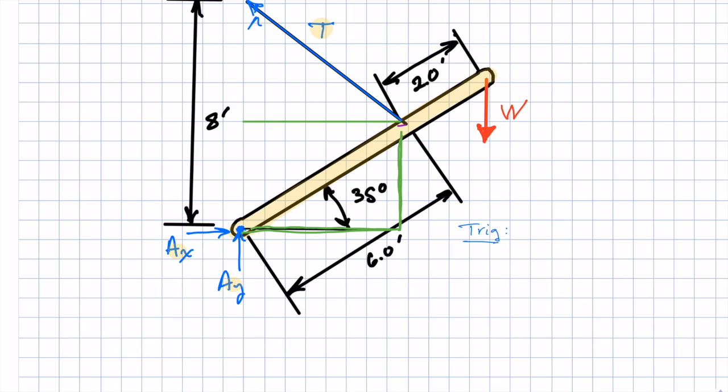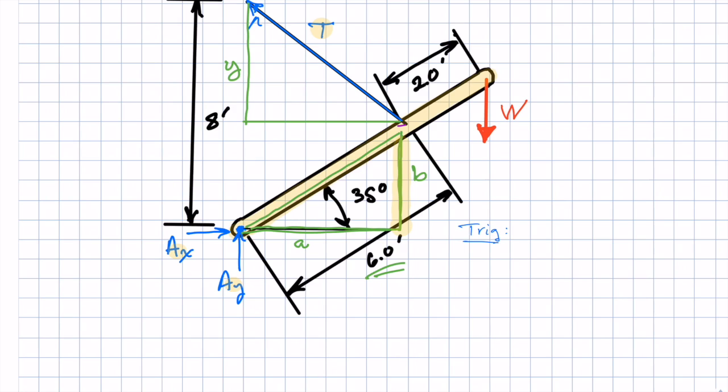And if we know this length, we would be able to calculate this length. Okay, so let's put some variable names on here. Let's call this A, let's call this B, let's call this Y. What I know is that this length here is 6.